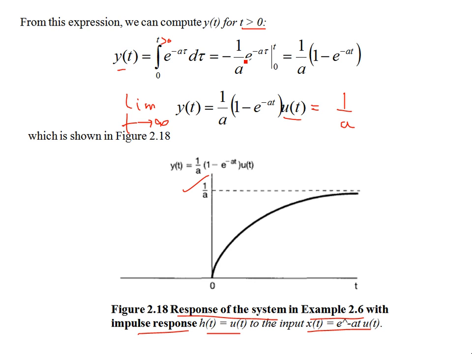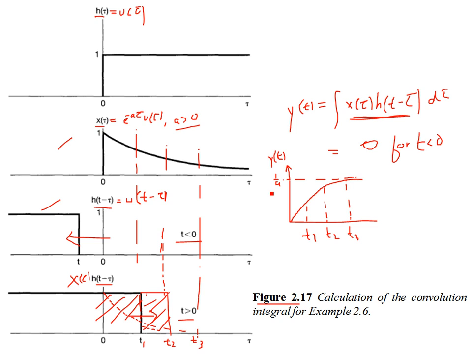So this integration is done for t greater than 0, and we have shown that the area under the curve rises, and as t approaches infinity this becomes equal to 1 over a. All you need to do is consider the impulse response, flip it over, and see for which regions of t there is an overlap between x of tau and h of t minus tau.